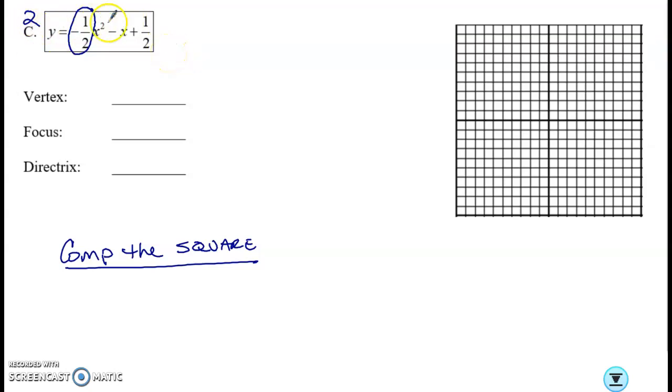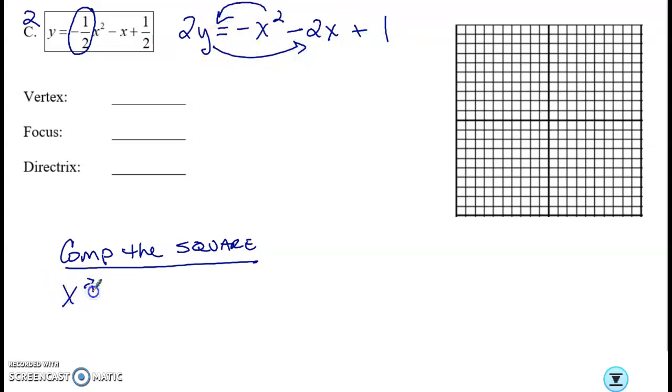So if I multiply everything through by 2, I get 2y equals negative x squared minus 2x plus 1. But now I'm going to swap sides. So I'm going to take this over here and this over here. And so I have x squared plus 2x minus 1 equals a negative 2y.